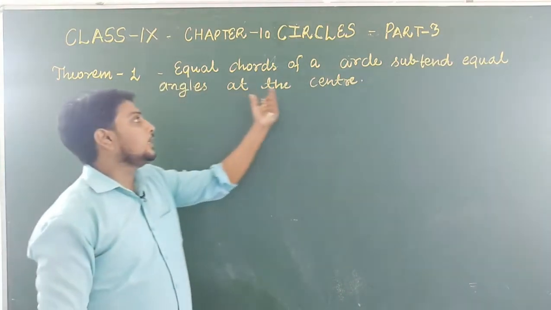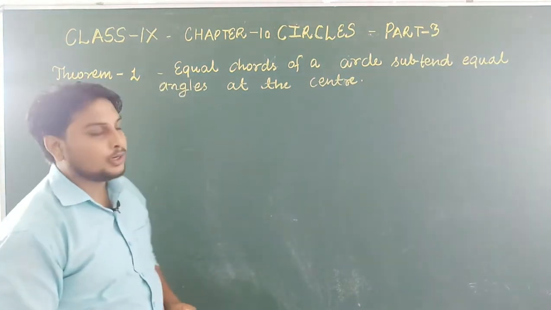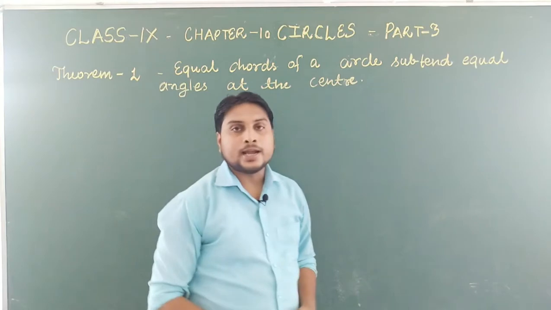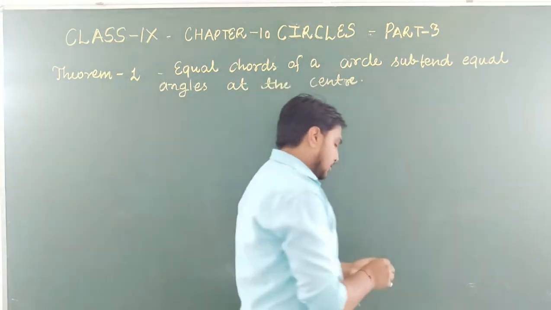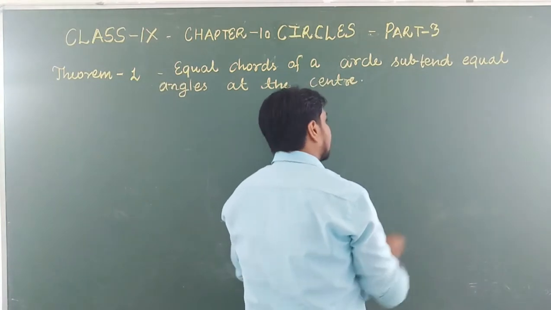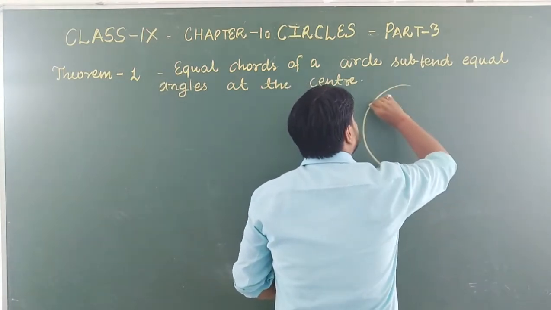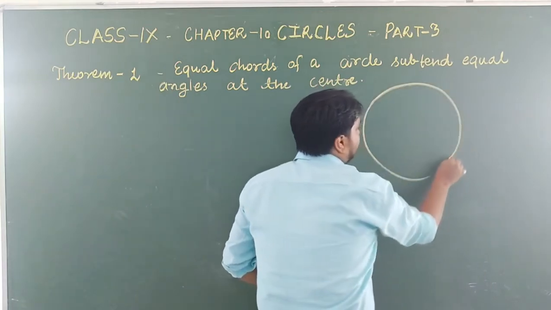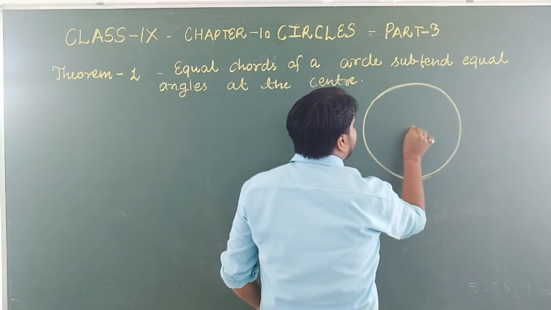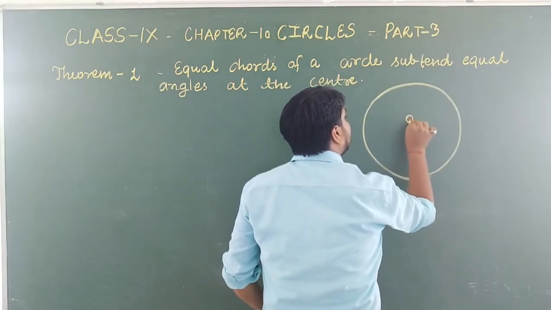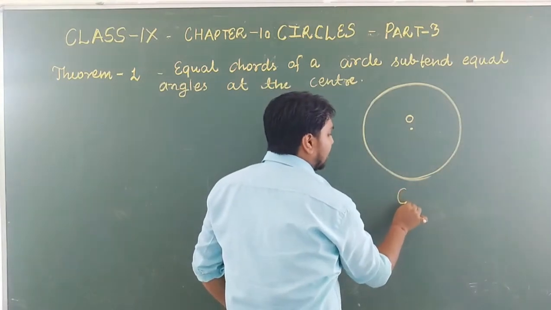The statement is: equal chords of a circle subtend equal angles at the center. Firstly, let us understand the meaning of this statement. Suppose, students, here is the circle whose center is O and radius R. How can we denote the circle?